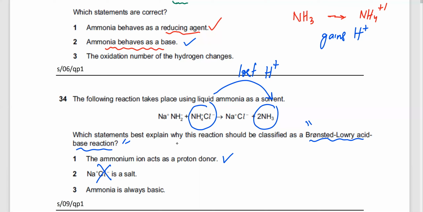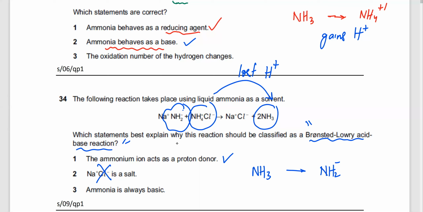Then, ammonia is always basic, which it's not, because if you look at this reaction, you can see that ammonia is forming the NH2- ion. So it might lose H+ to form NH2-.